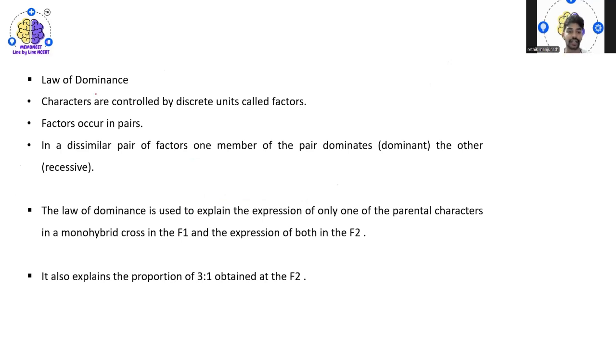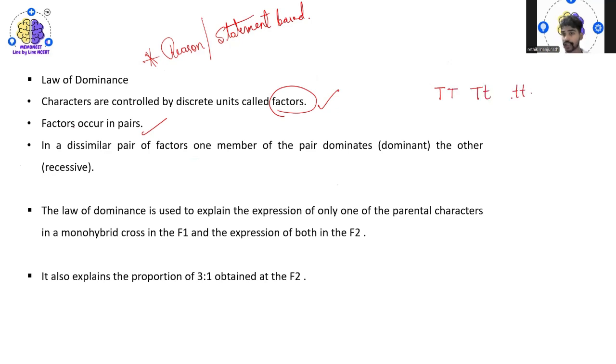Law of dominance: characteristics are controlled by discrete units called factors. Remember, they can even ask this as a reasoning or statement based question. Factors occur in pairs, obviously, because nowhere are you seeing them individually.